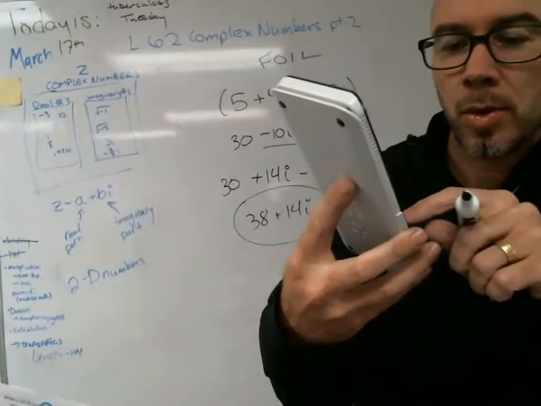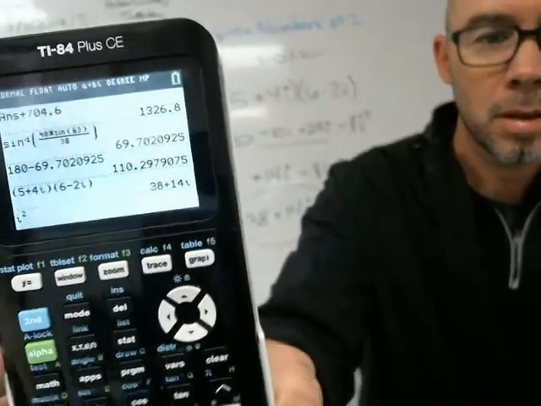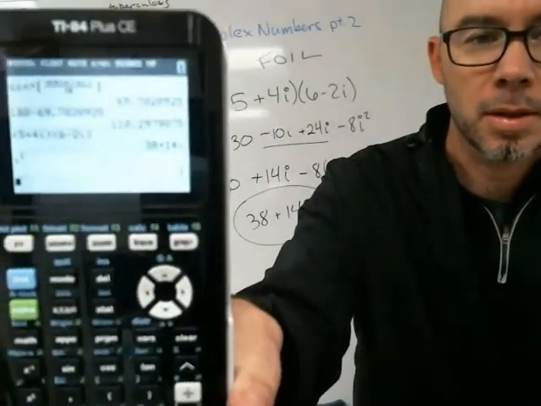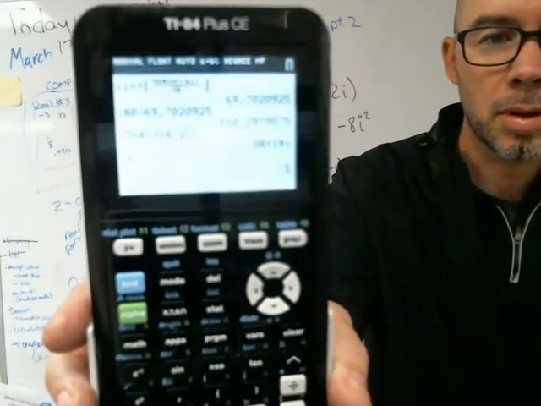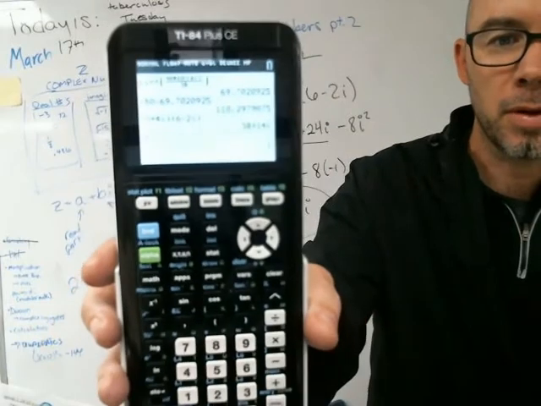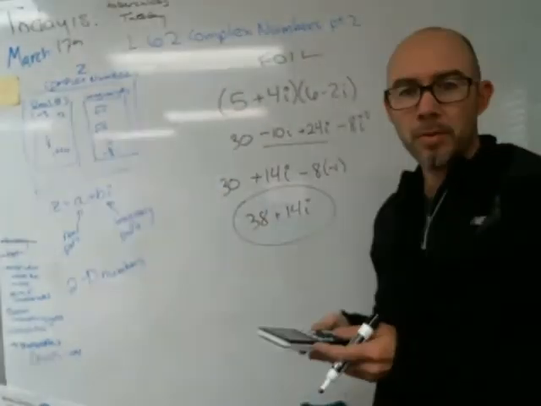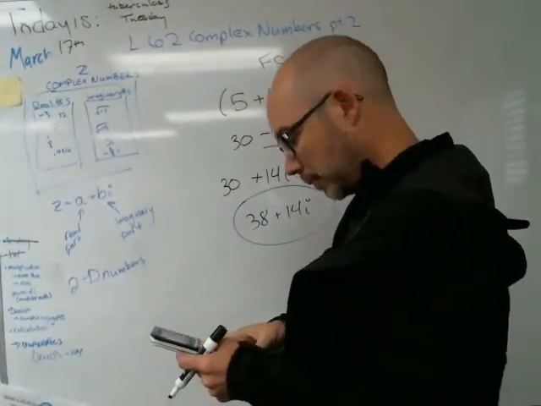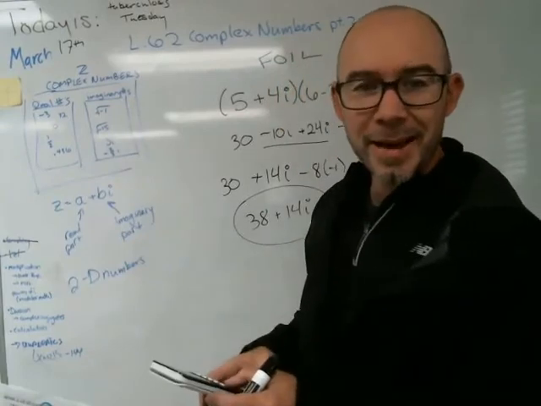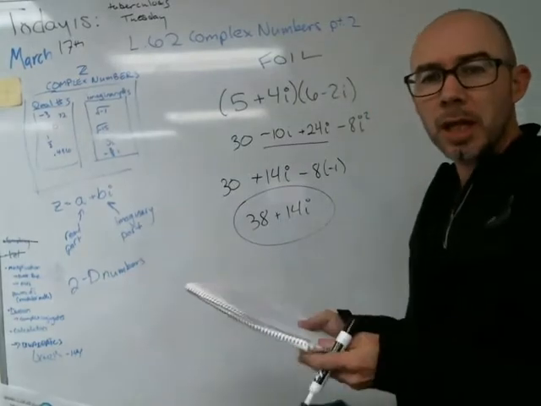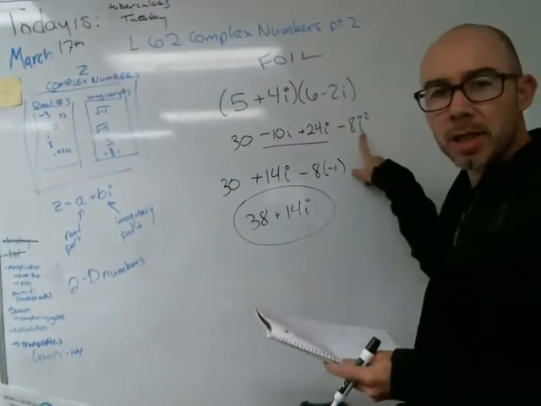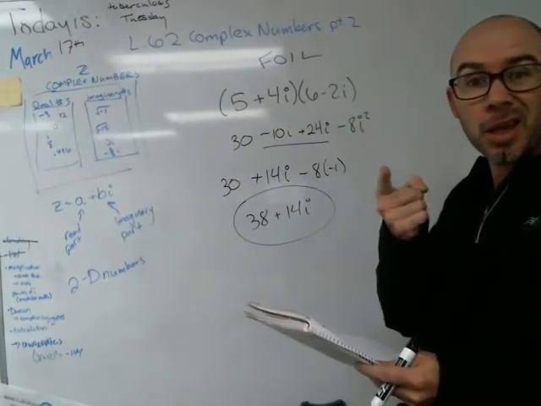I can square it. And then what happens? It already knows. It's negative 1. Ain't that cool? Pretty neat. So treat it like a regular thing until you get to one of these and you get an i squared. And then I think you know what to do.